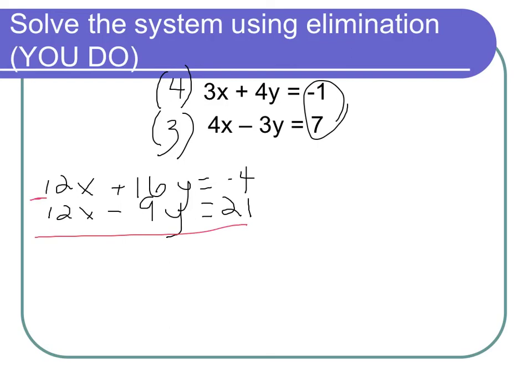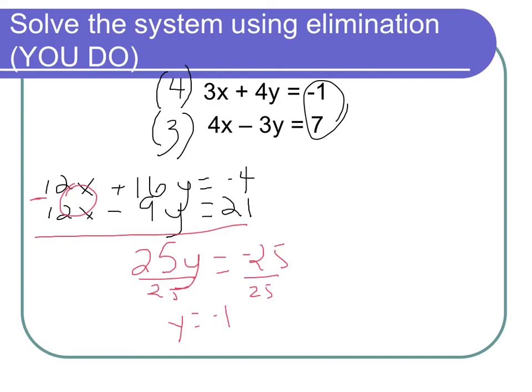So 12x minus 12x becomes 0. 16 minus negative 9 becomes 25y. And negative 4 minus 21 becomes negative 25. If I divide by 25, here I get y is going to be equal to negative 1.